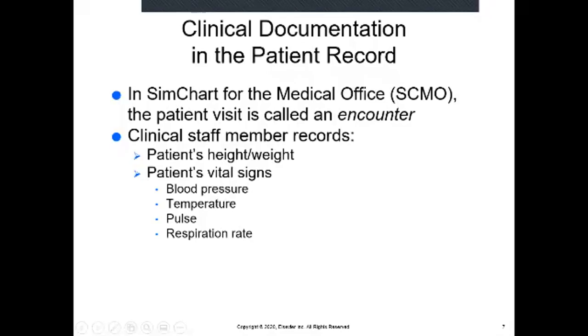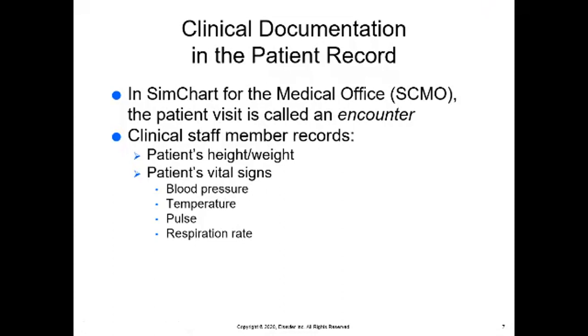So, clinical documentation in the patient record. Every patient visit must be documented as evidence of care. If it's not documented, it did not happen. In the SIM chart for the medical office, the patient visit is called an encounter.